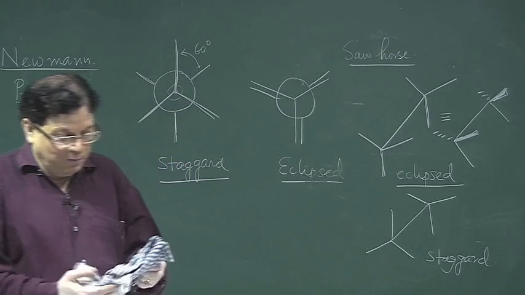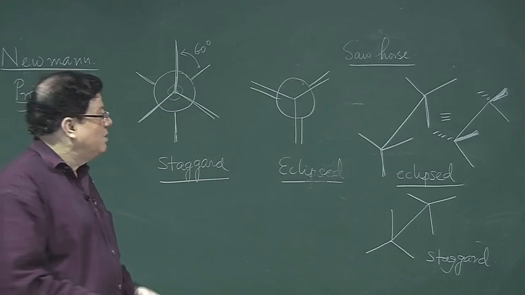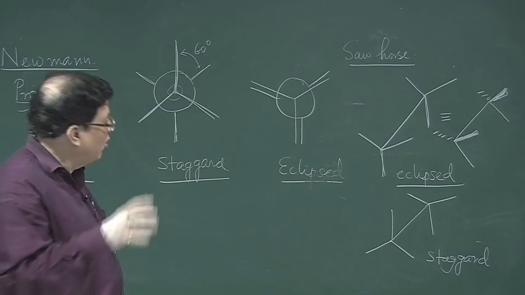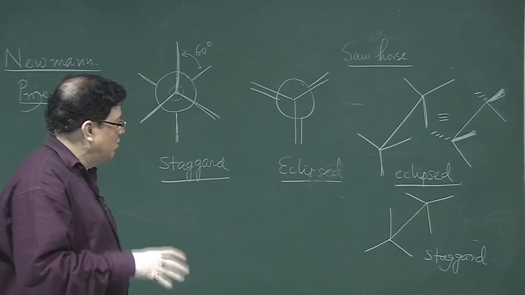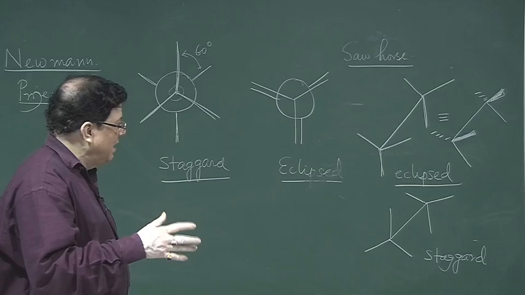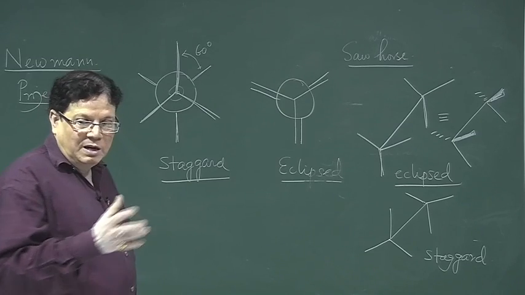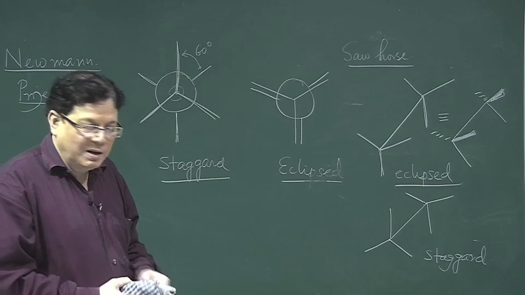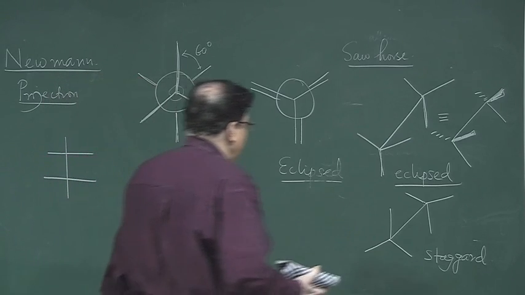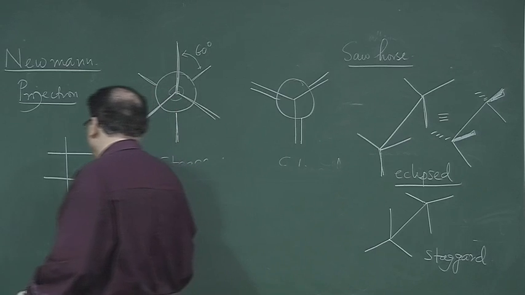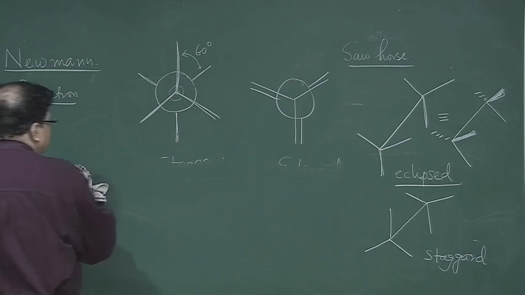You have to learn how to draw the correct Fischer, Newman or Sawhorse projection, whichever you are comfortable with, and how to interconvert them correctly. Okay. So, those are the different 2-dimensional representations of the 3-dimensional molecule.